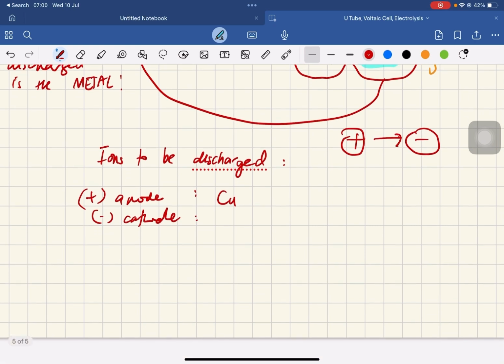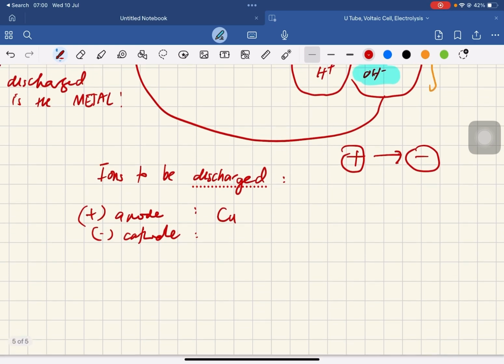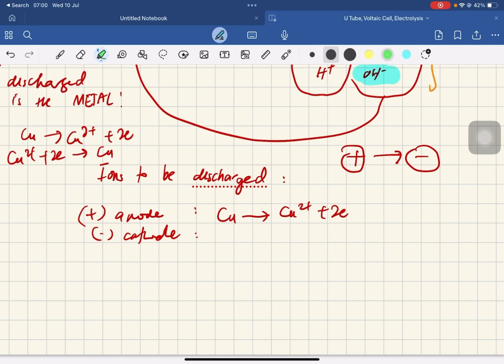Sambung to our discussion. So how do we make our electron on the right hand side? Of course this is the only possible ways, akan ada dua saja: either Cu2+ plus 2e, or Cu2+ 2e and Cu. So our principle tadi is electron move from positive to negative terminal.